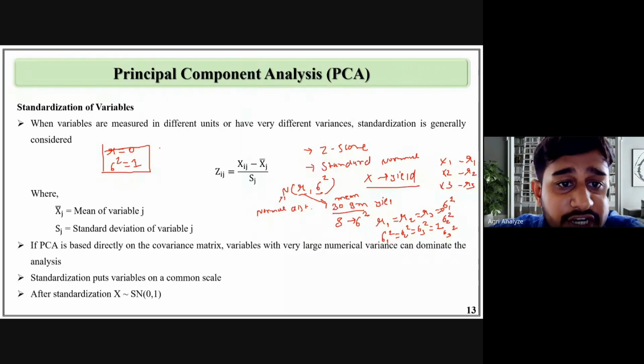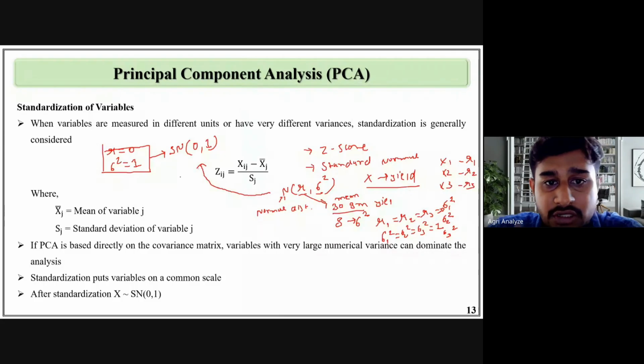If your data have mean 0 and variance 1, it means it follows the standard normal distribution. So here we transform our normal distribution into the standard normal distribution.